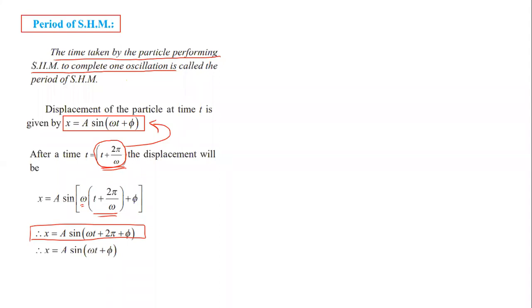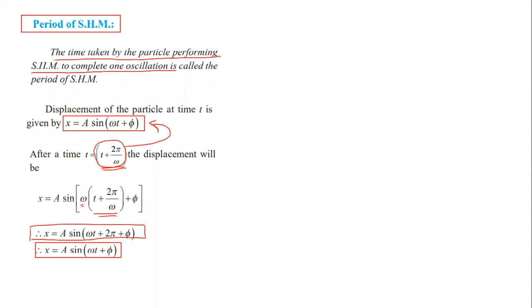And you already learned one chapter related to the angle in the 11th standard. So you know that the value of sine is repeating itself after 2 pi. After 2 pi, 4 pi, 6 pi, okay? The value of sine is repeating. So here, this above equation we can write like this. So x is equal to a sine omega t plus phi.